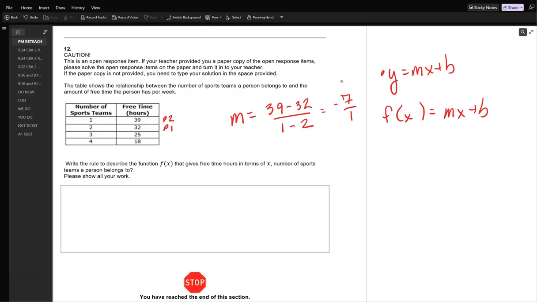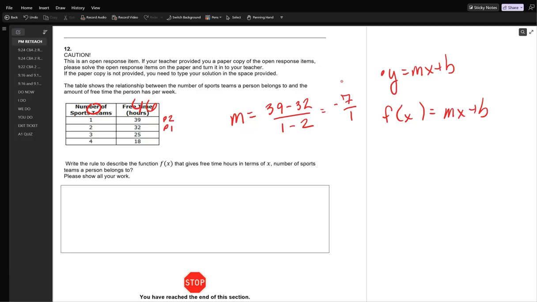Okay, so I've got my slope. I'm halfway there now. Again, there's different approaches, but the fact that we have a table allows us to notice that as we increase our independent variable by 1, there's a decrease by 7. So if we went backwards, okay, to 0, in this case we would expect an increase of 7, 46.